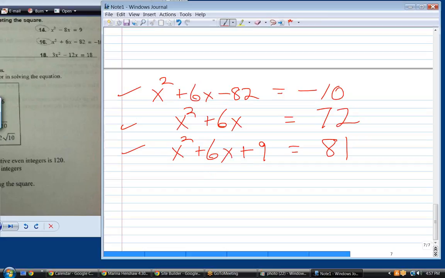Why do we complete the square? Right, we complete the square so that I can factor it as a perfect square. What is that perfect square going to be? X plus 3 squared equals 81. Okay, what's next? Find the square root of both sides. So x plus 3 equals plus or minus 9.